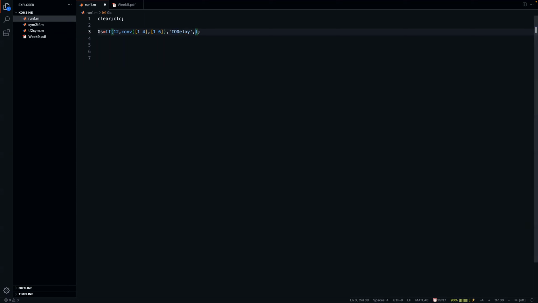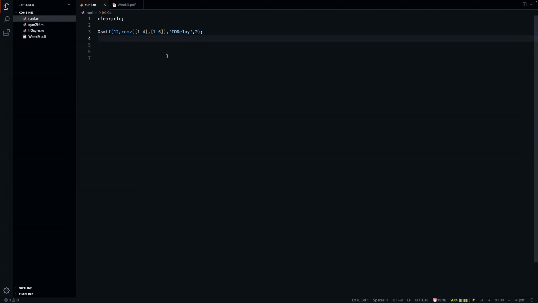There's a possibility of having delay between internal states and input or internal states and output. But the delay that we're adding here is between the input and output because it's using a transfer function. So it would make sense like that. We have 2 seconds of delay, so the only thing we need to do is add this property IO delay and give it the amount of delay, 2 seconds.